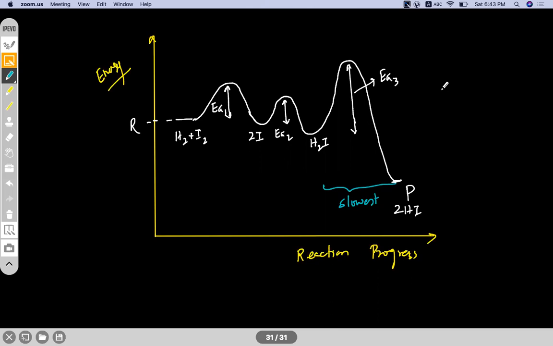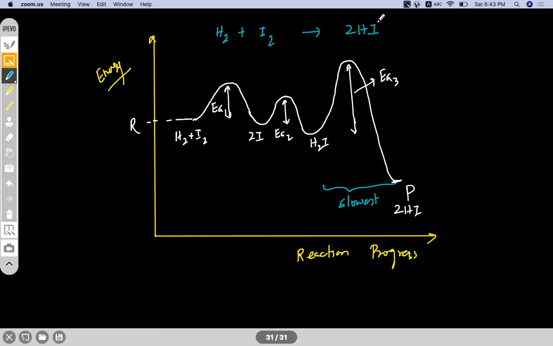So you should know what you can conclude from the graph. Any doubt in this?